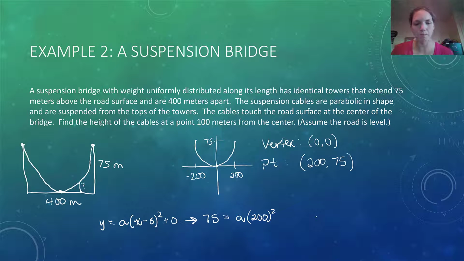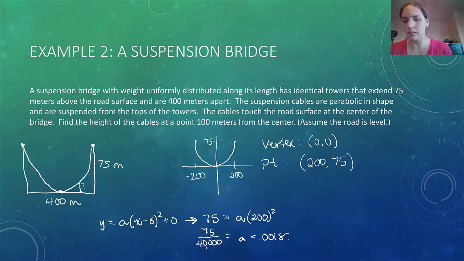So I'm just going to leave that off. So a is going to equal 75 over 40,000. That's a very small a. 75 over 40,000 is 0.001875. I like the fraction better.